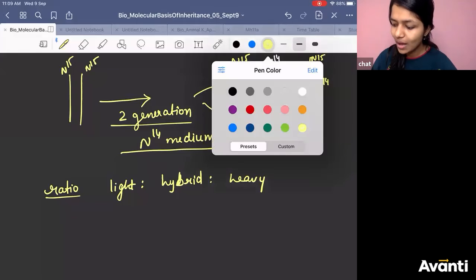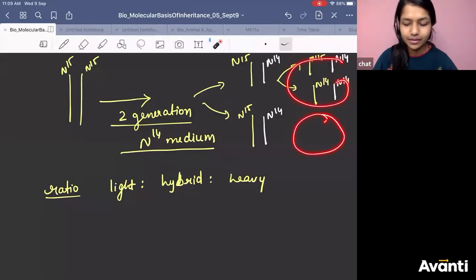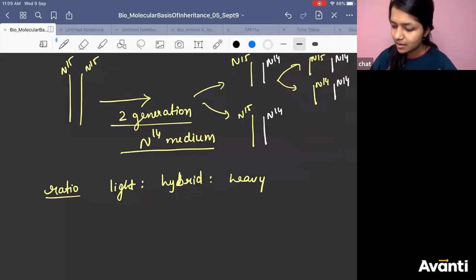Now add the new one here, N14. The new one will always be N14. Similarly, the same copy will happen here also: N15, N14, and the new one will always be N14, N14.